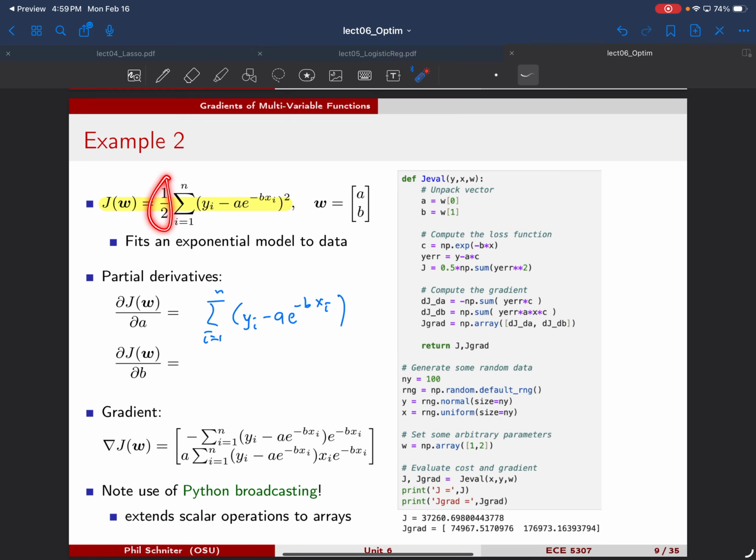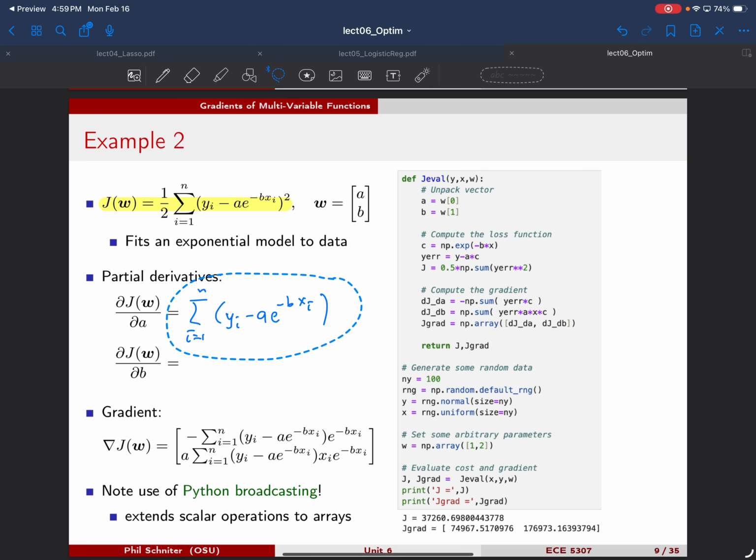Yeah, the 2 and the one half will cancel, so I won't write the one half. And then, like you said, we have to take the derivative of this with respect to B. If you remember your calculus, there's going to be a minus, there's going to be A, e, and then there's going to be another B. Let's see, I should have made room.